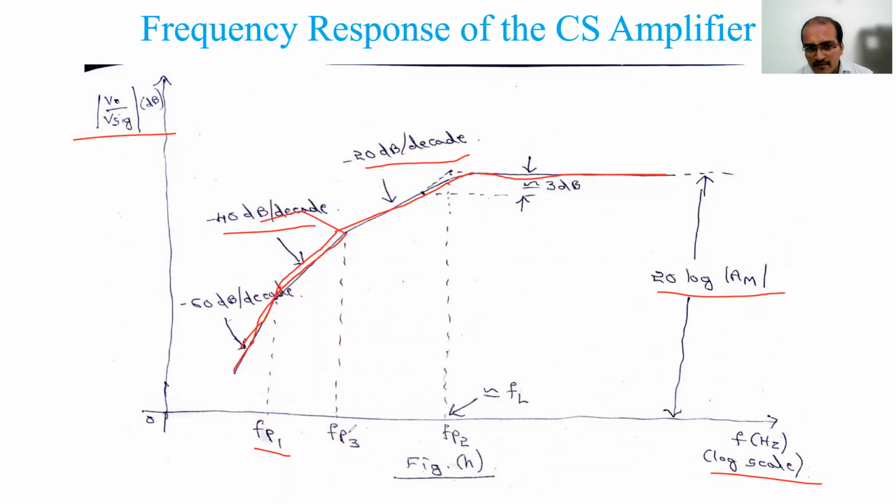Then comes the coupling capacitor CC2, which again contributes another plus 20 dB per decade. And then here comes the bypass capacitance FP2, which is the major one in deciding the low frequency response at 3 dB. So this is about the discussion. Some small part is still left, which I will discuss in tomorrow's session.